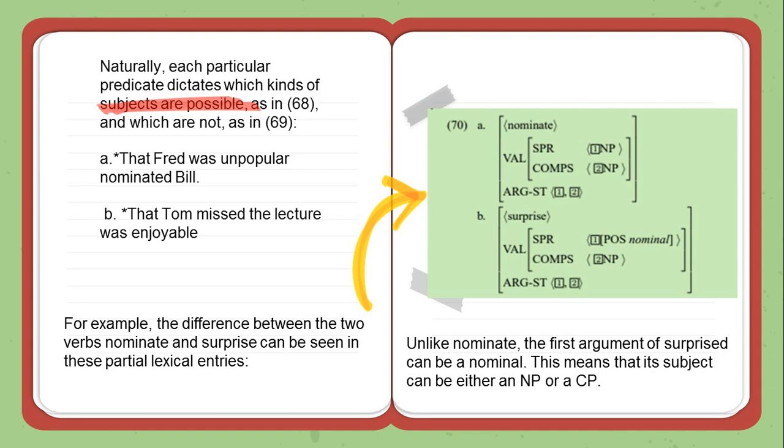D. How much money Gordon spent is true. For example, the difference between the two verbs nominate and surprise can be seen in these partial lexical entries. Unlike nominate, the first argument of surprise can be a nominal. This means that a subject can be either an NP or a CP.